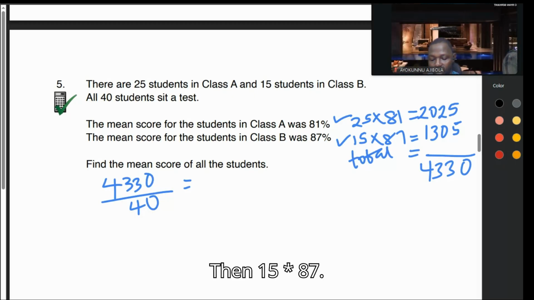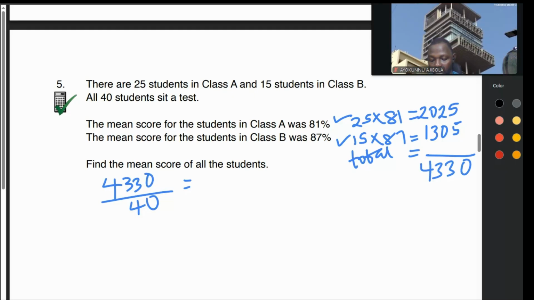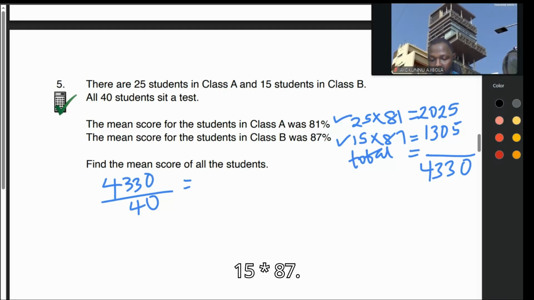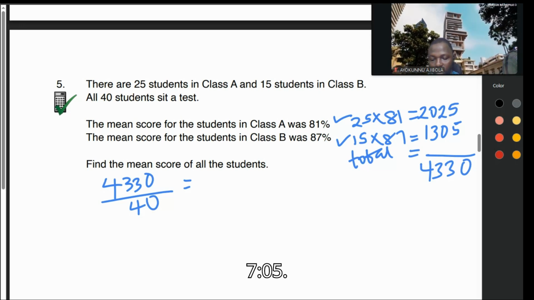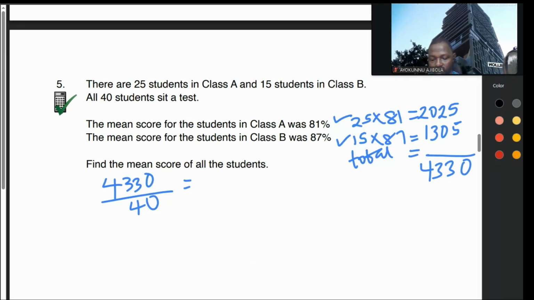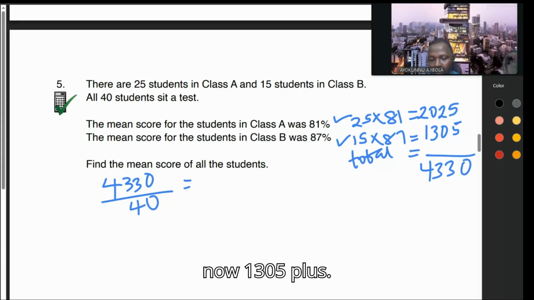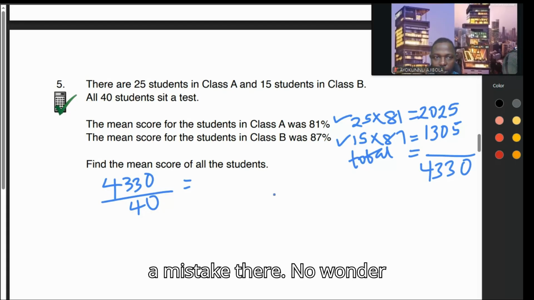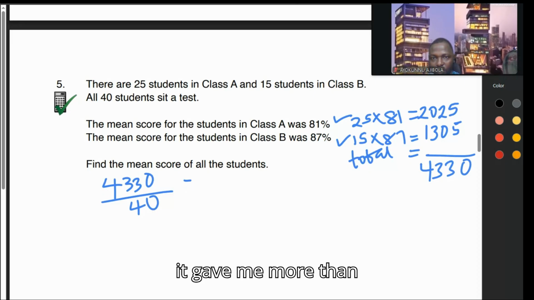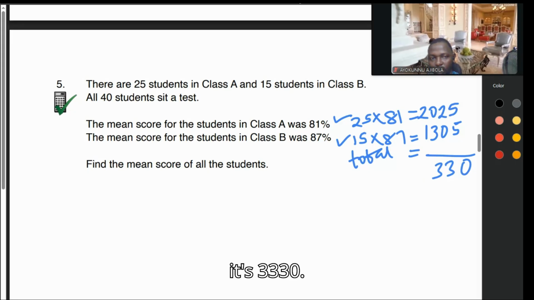Then 15 times 87 is 1305. So now 1305 plus 2025, that's 3330, not 4330. That was a mistake, no wonder it gave me more than 100. So it's 3330.